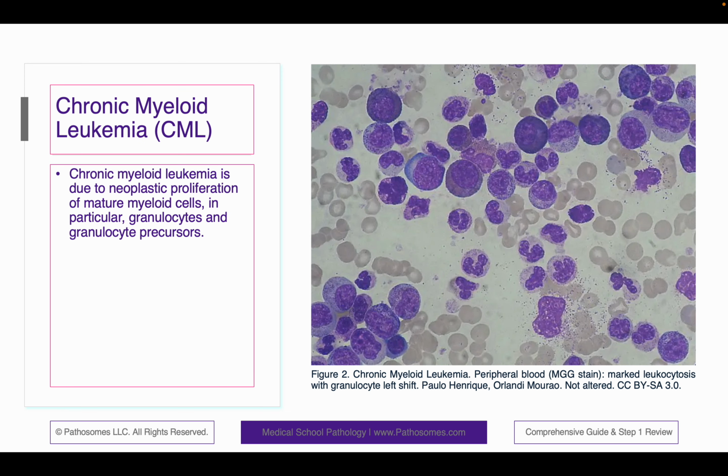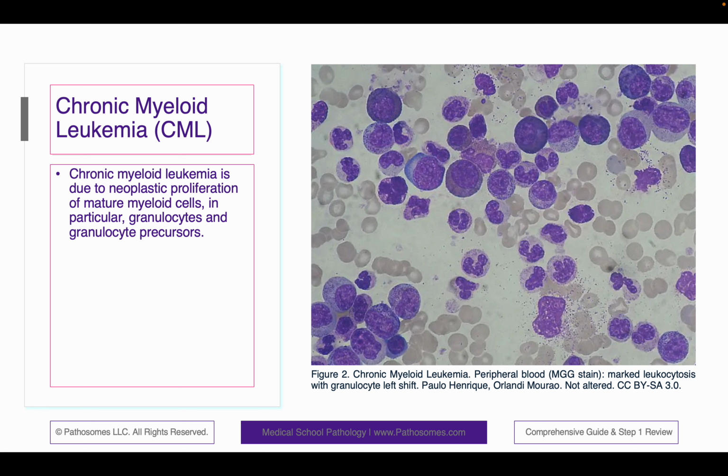Chronic myeloid leukemia is due to the neoplastic proliferation of mature myeloid cells, in particular granulocytes and granulocyte precursors, like we can see here in this image to the right, showing chronic myeloid leukemia actually affecting the peripheral blood. Note the marked increase in white blood cells, aka marked leukocytosis, with the granulocytes and a left-shifted myeloid population.